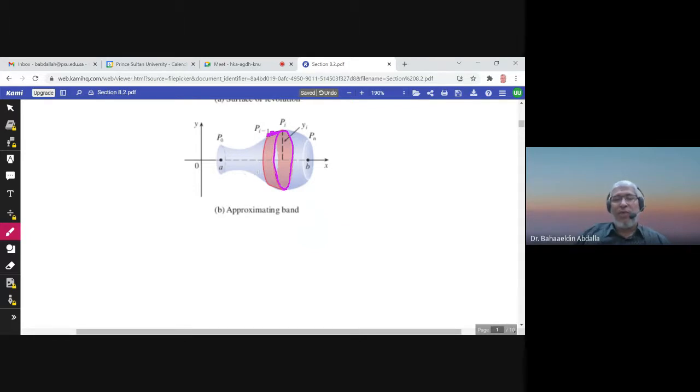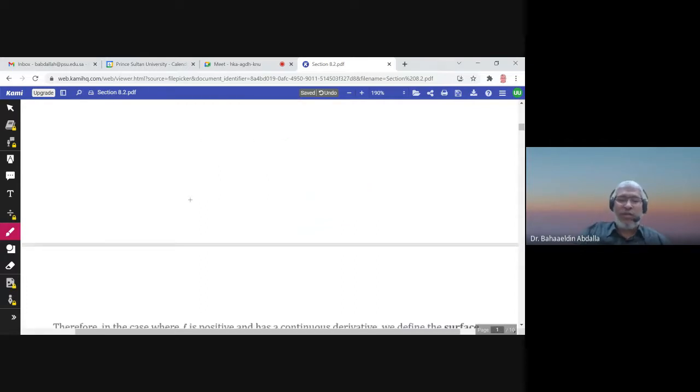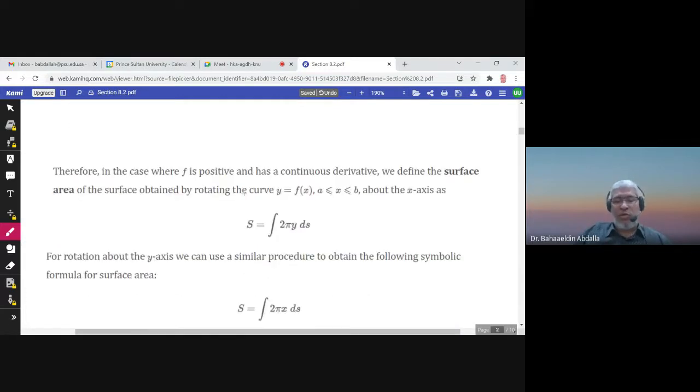So you can say that the surface area of this band is 2 pi times y times ds, the arc length, if we call the arc length ds. If you want to know more about ds, please watch section 8.1 first.